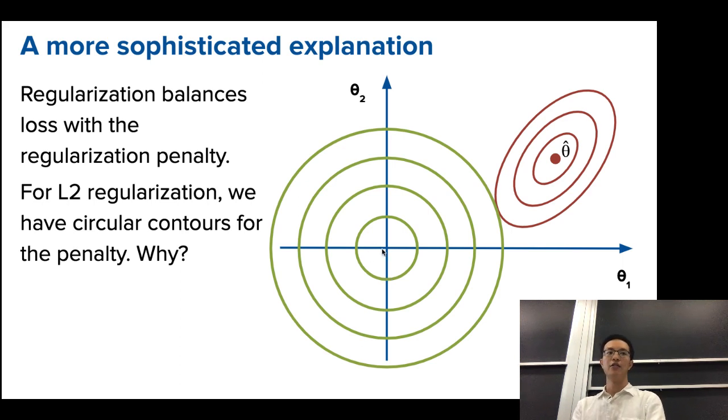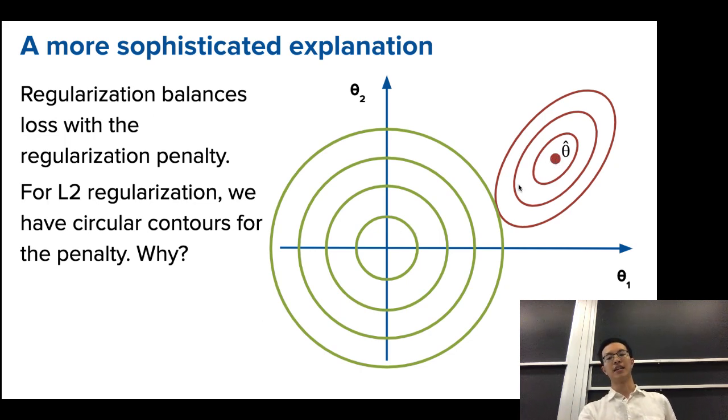Okay, so remember that regularization is the sum of the squares of theta1 and theta2. And so right here at the origin, when theta1 and theta2 are both equal to 0, I have no penalty. And when I increase theta1 and theta2, I increase my regularization penalty. And so what my model will do is it will not find theta hat, the original theta hat.